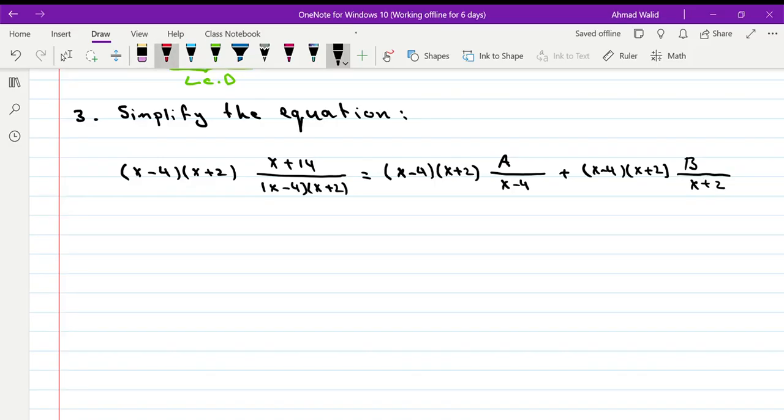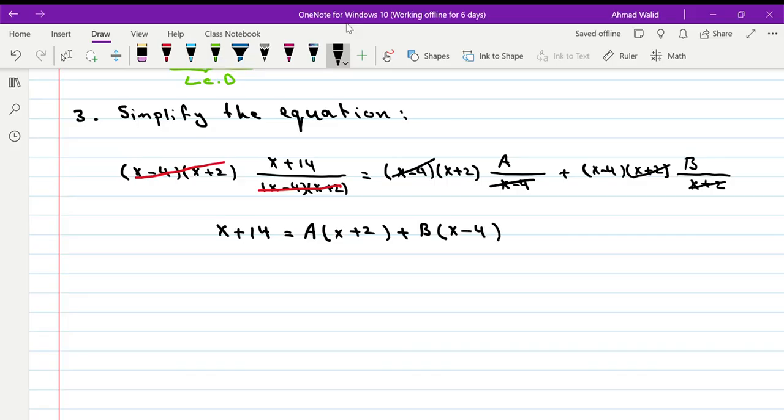Simplify. You see both denominators on the right side cancel out. You end up with x plus 14 on the left side. On the right side, x minus 4 cancels out with x minus 4, and you end up with a times x plus 2. Plus, here x plus 2 cancels out with x plus 2, and you end up with b times x minus 4.